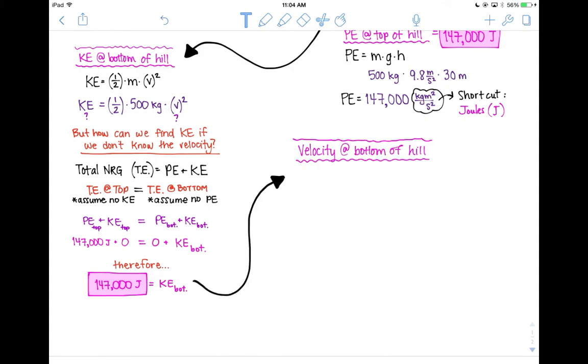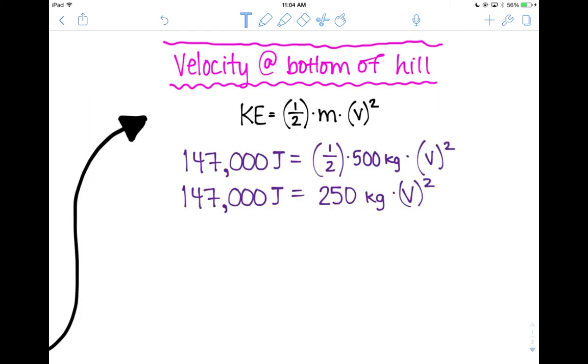So we have one last thing to find. We need to get the velocity at the bottom of the hill. This is where we can now use our kinetic energy equation, because we know the kinetic energy and we know the mass, and all we have left to do is find the velocity. So we plug everything in that we know. Let me zoom in here.